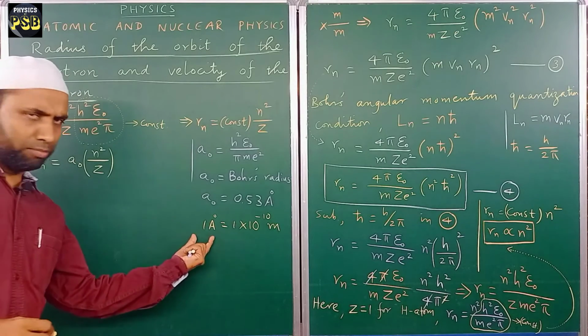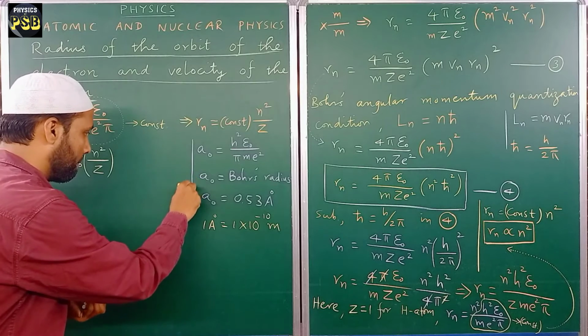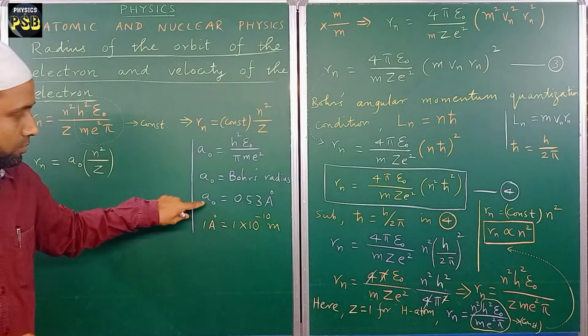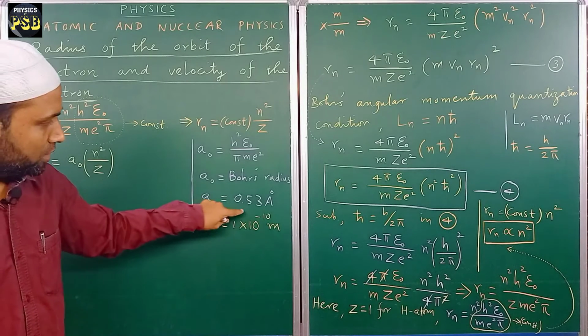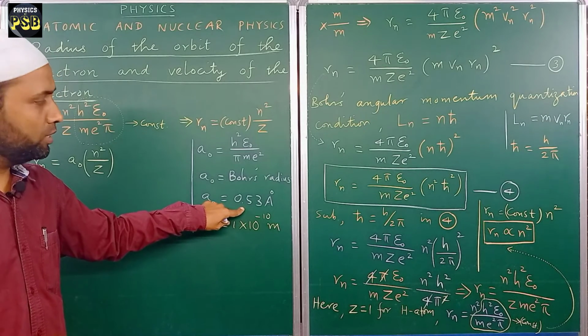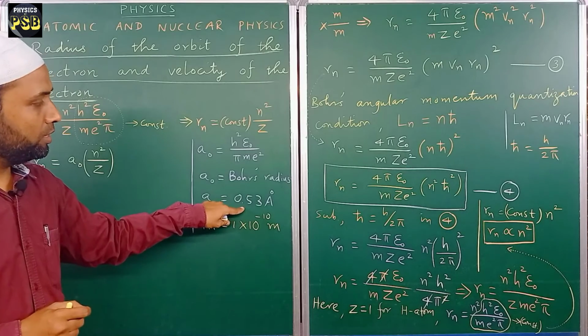This is the value of 1 Angstrom. Got it? So Bohr's radius possesses this value, which is the radius of the smallest orbit in hydrogen atom.